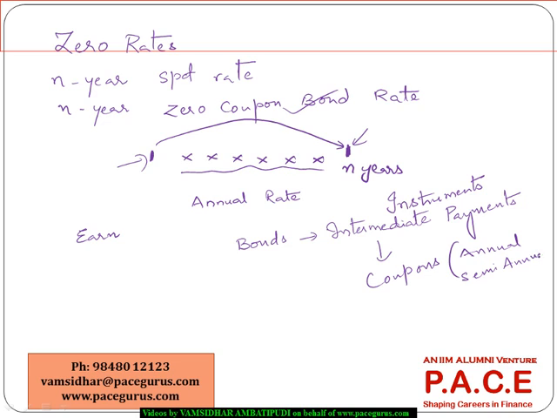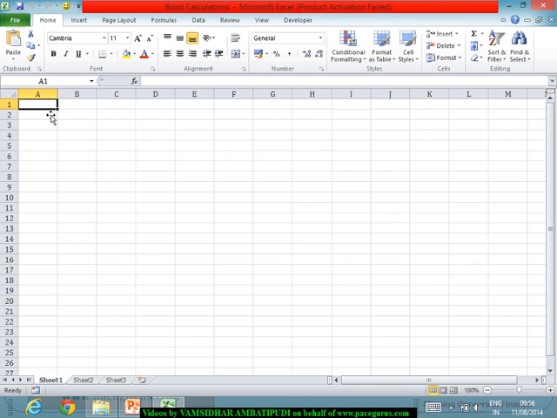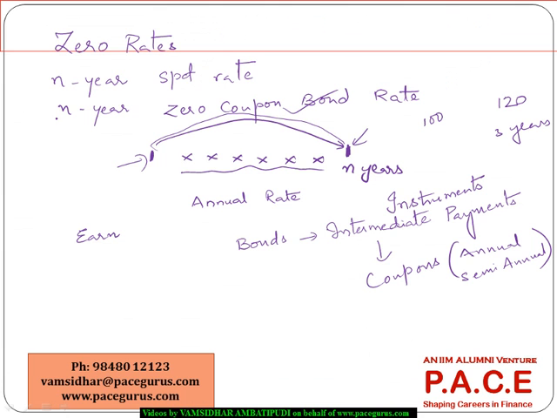Then it's very important for us to find out the interest rate associated with that particular bond. If it is a one time payment, say I have deposited 100 today and I am getting 120 at the end of 3 years, how do I note that 100 today has become 120 after 3 years?